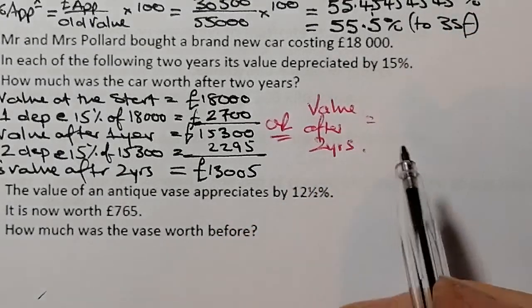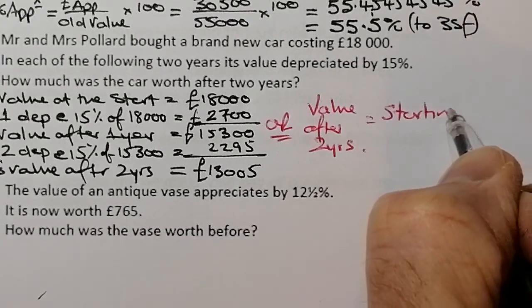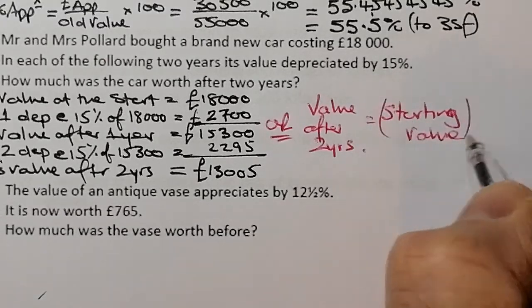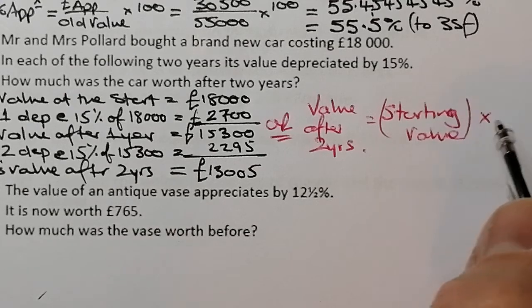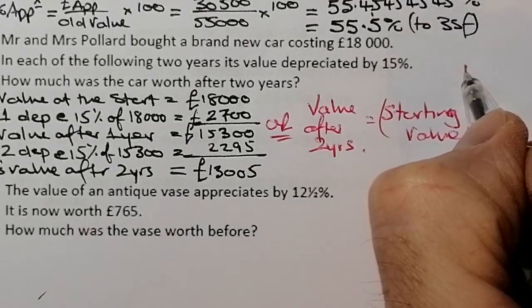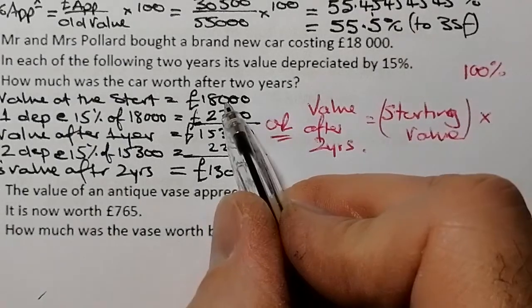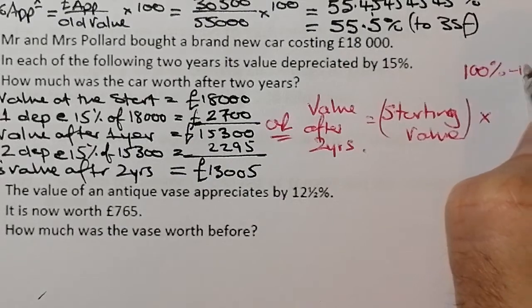the starting value, and I'm going to multiply that by a decimal. If 100% is what the car was worth at the start, we're going to take 15% away from that.